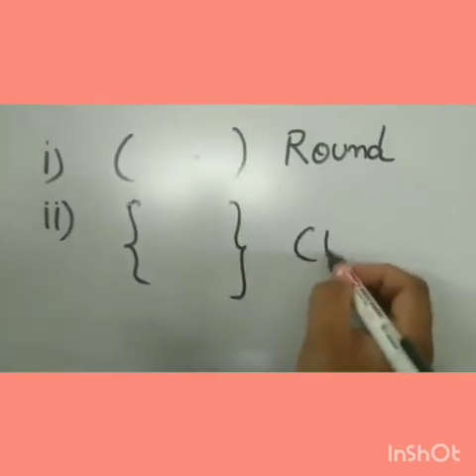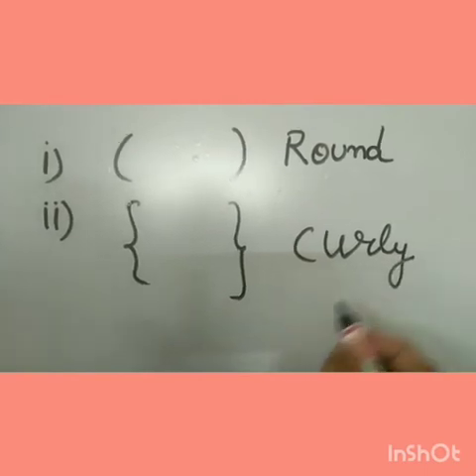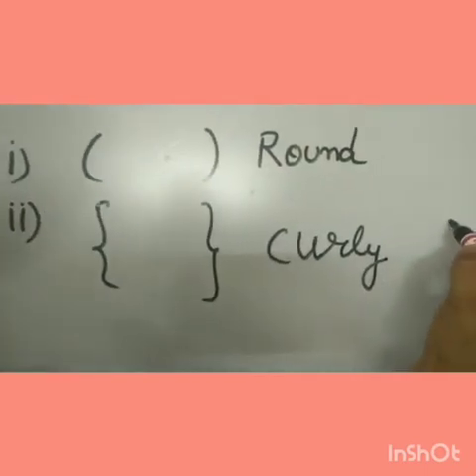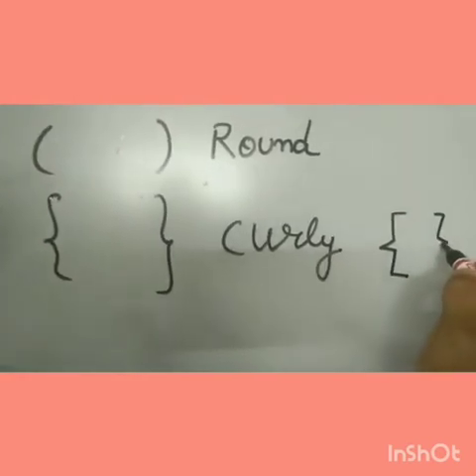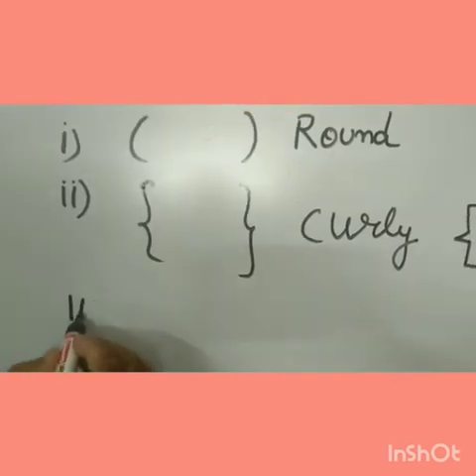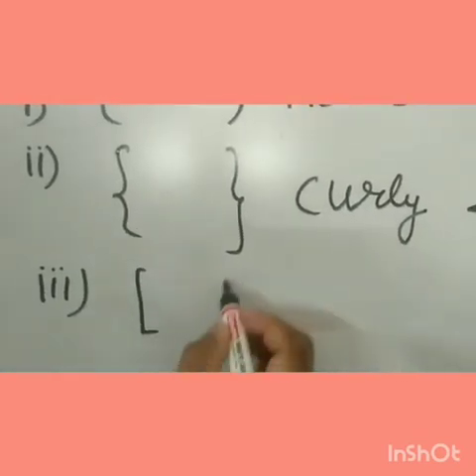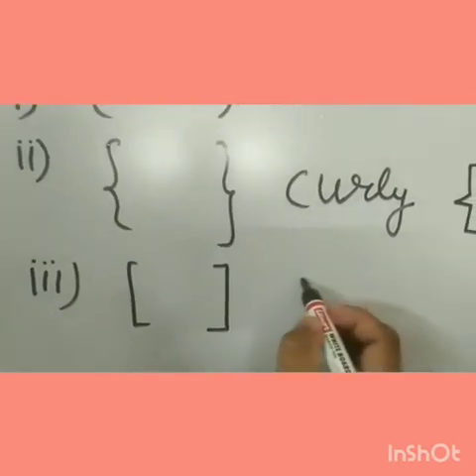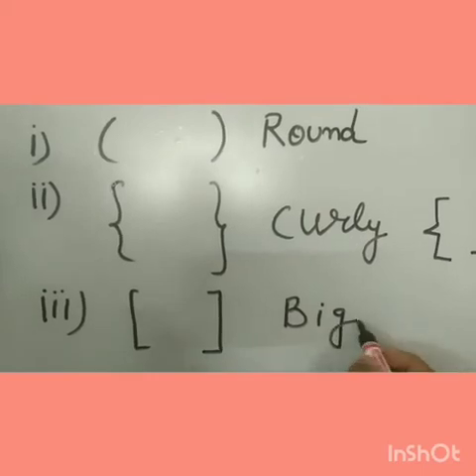Its name is curly. You can draw it like this. And third one is big bracket. Its name is big bracket.